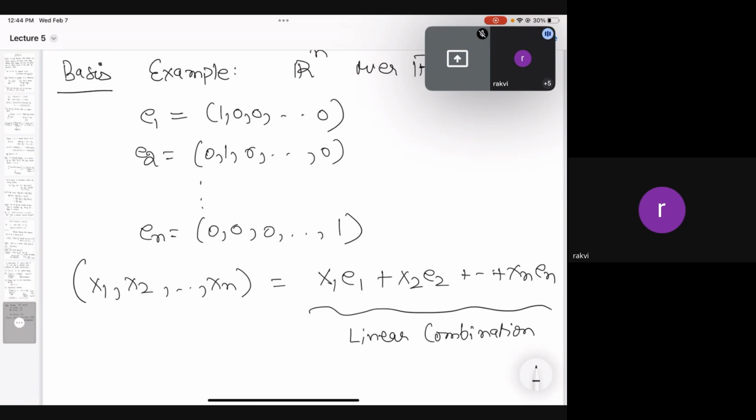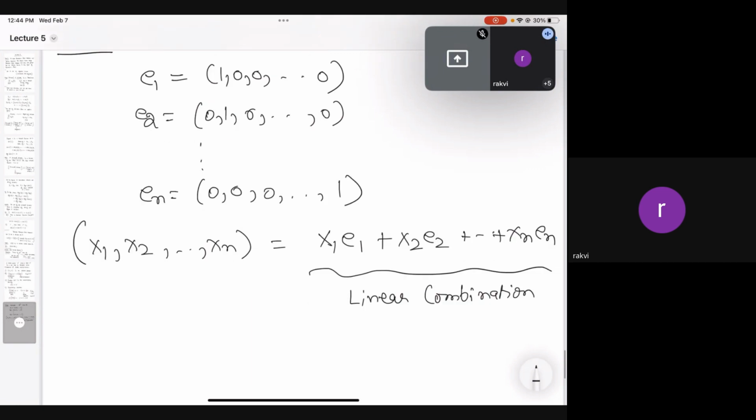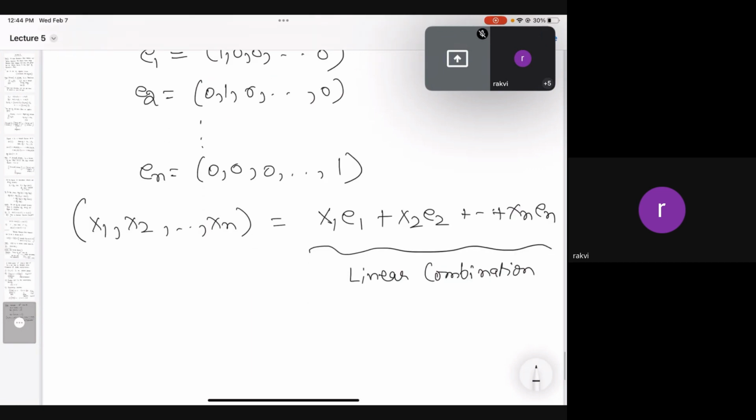That's one property. So second is that suppose we take any linear combination of these e_i's. Suppose c1 times e1 plus c2 times e2 plus cn times en is 0. So what does this mean?